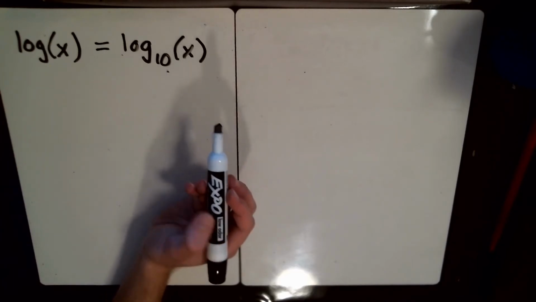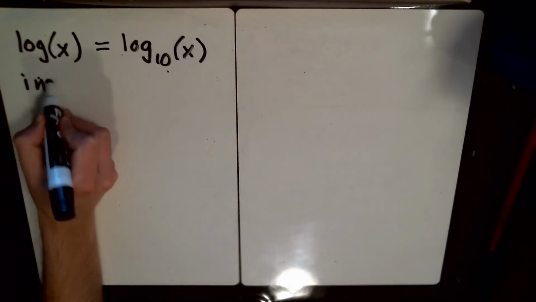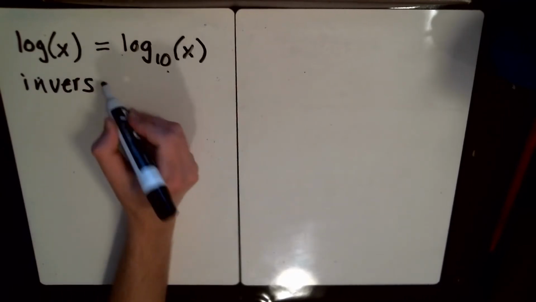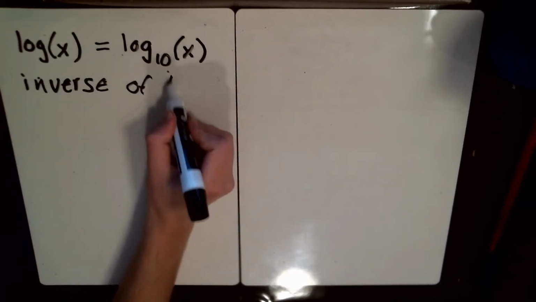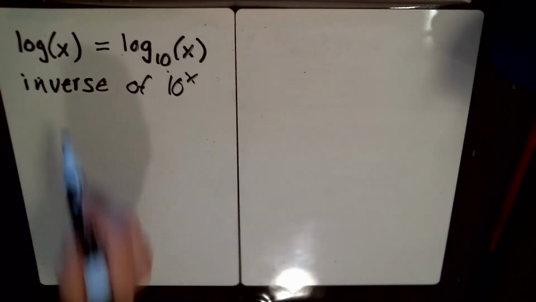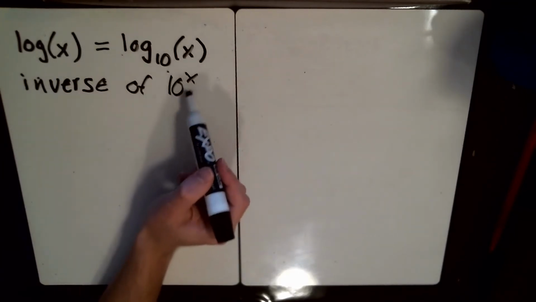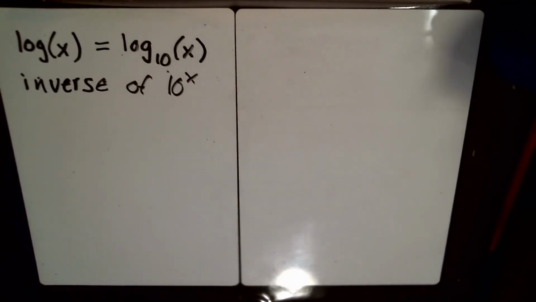Okay, so in other words, log of x is the inverse of 10 to the x power, right? So these are inverses of each other. Log undoes the 10 to the x stuff.